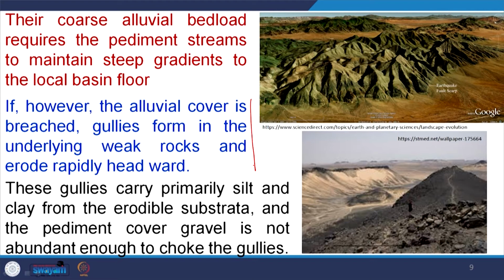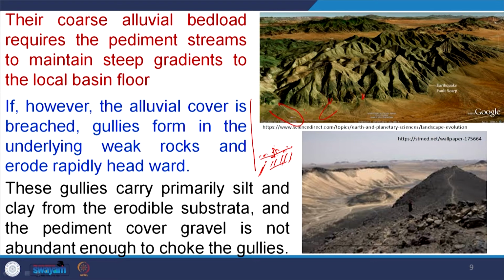Suppose in this case a gorge is forming here. So, this is an alluvial fan, this is the pediment, this is the alluvial fan, this is the pediment. Now you see this pediment surface, we know it is always covered with a thin film of gravel and sediment. Now, suppose these are the weak rocks filled with sediments. Now, we are creating gullies on the surface.